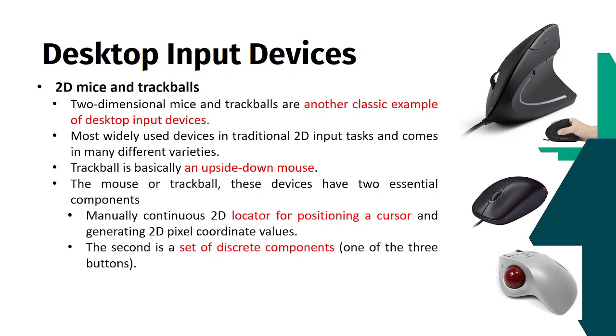Now these mice or trackballs are often combined with keyboards in a computer game or modeling software to enable more complex commands or techniques which you can implement. Again, the mouse and trackball have the same problem as the keyboard, that they are not designed to be brought directly into 3D environments.